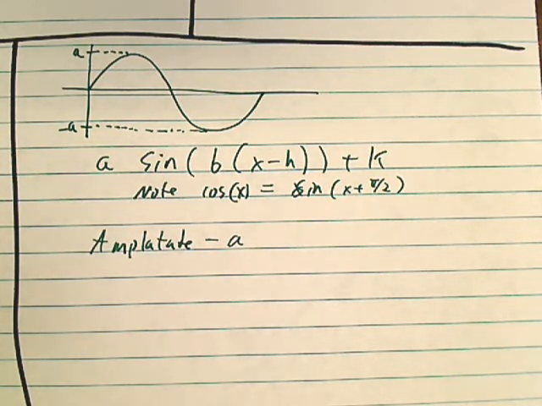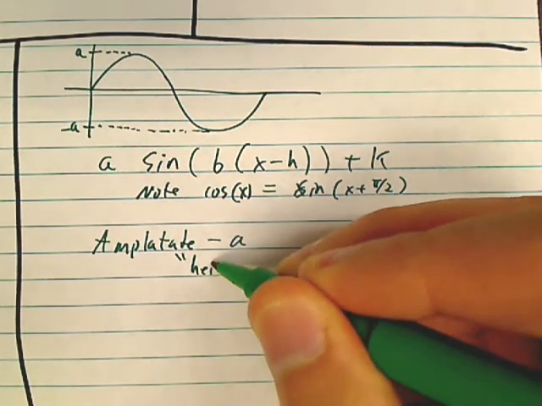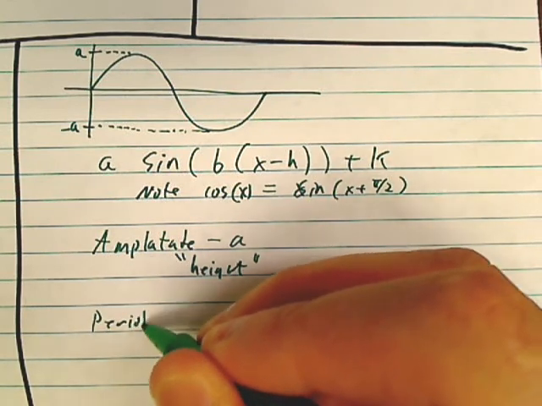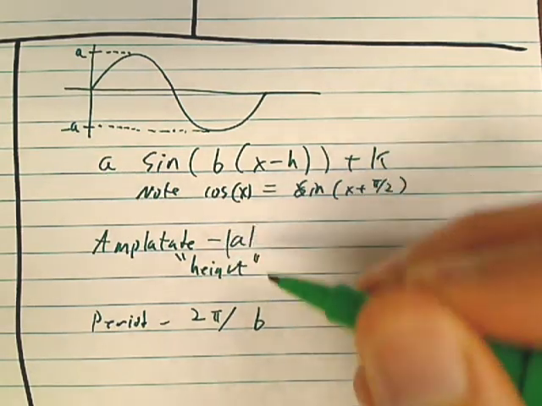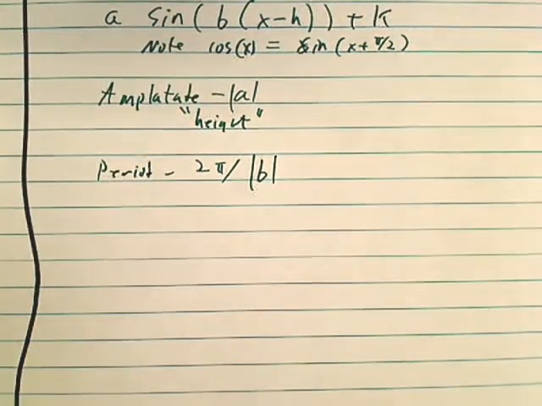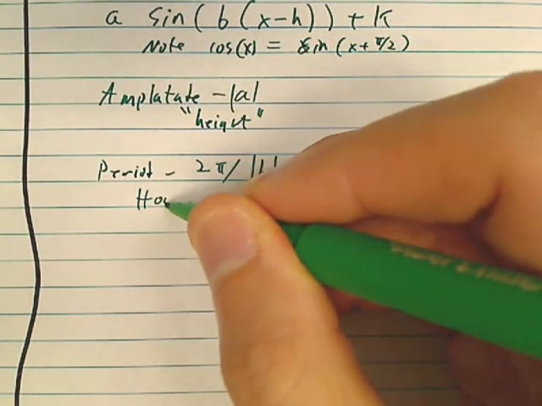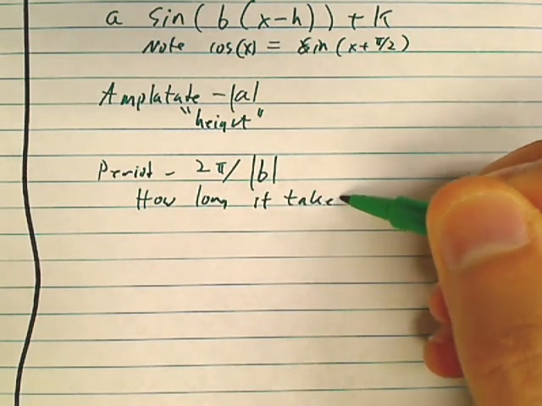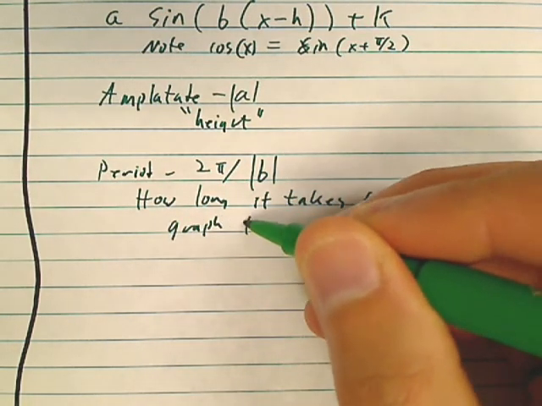The period is 2 pi over B, and I should put both of these in absolute values. Always absolute values there. The period is how long it takes the graph to repeat.